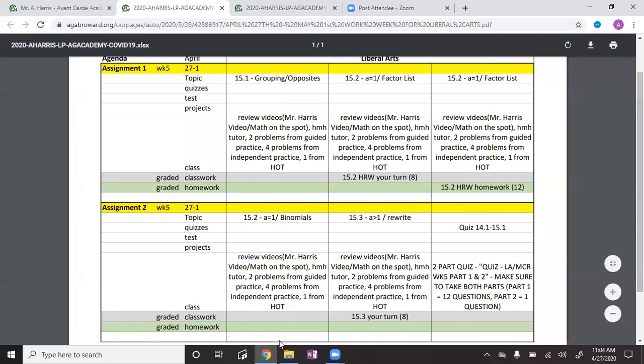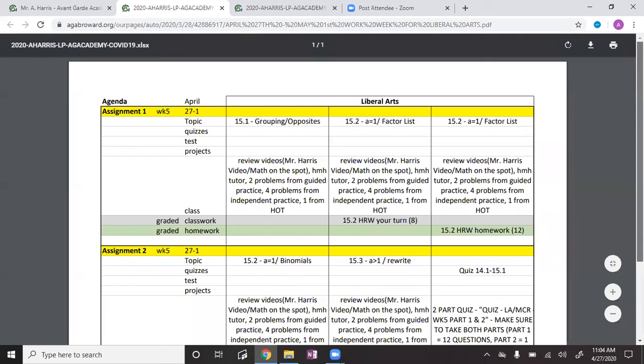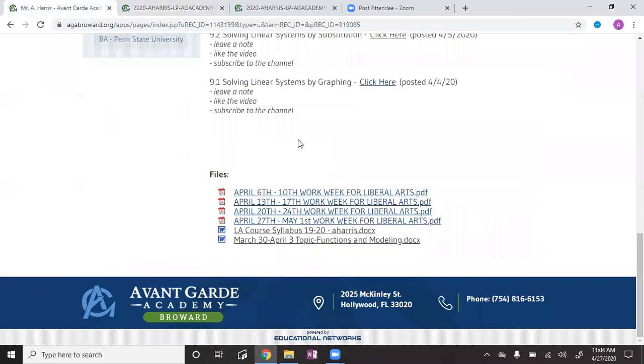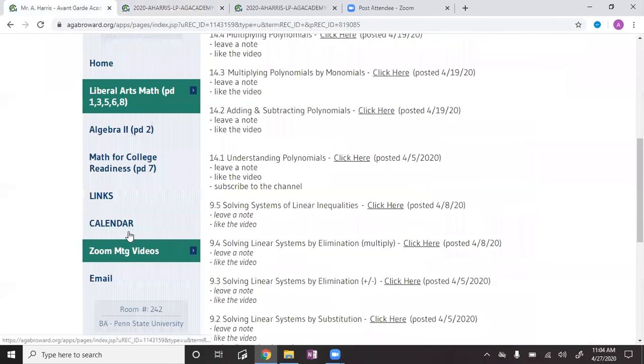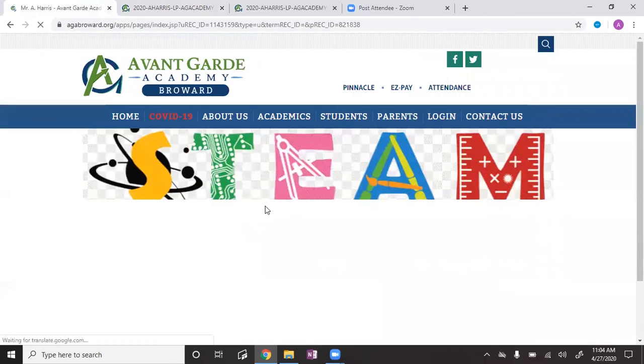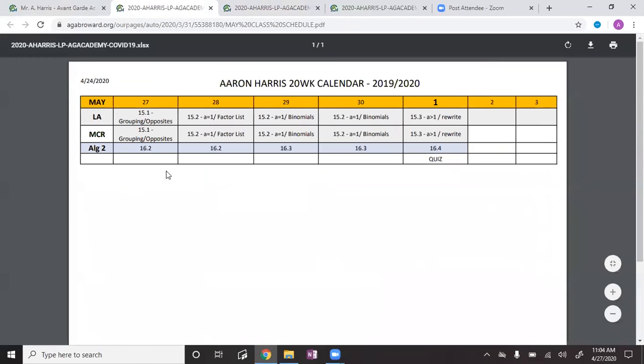So here we go. We got assignments. Everything's due. Can you put everybody on mute, Mr. Harris? Not yet. I'm just making sure that everybody understands what's going on. The quick calendar makes your life easy. So this is what should be happening this week. This is what you should be doing. You do have a quiz. The quiz is already open. They don't want me giving it on one day or two days.